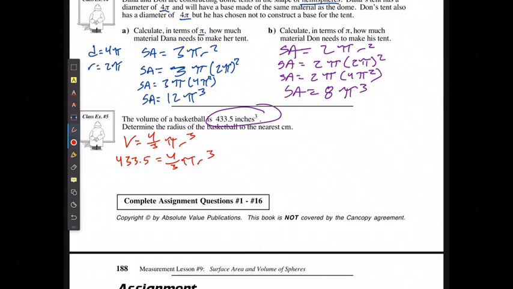I'm going to multiply both sides by 3 and say that 3 times 433.5 is equal to 4 pi r cubed.